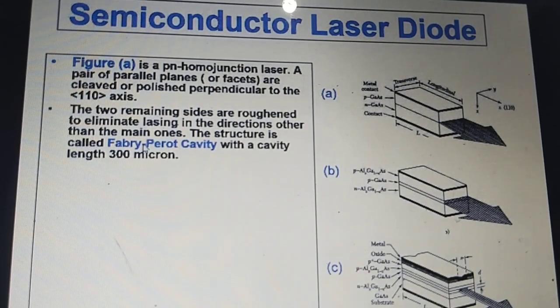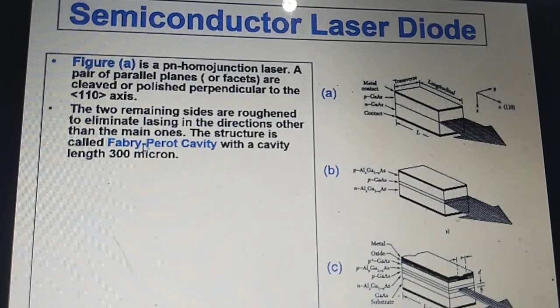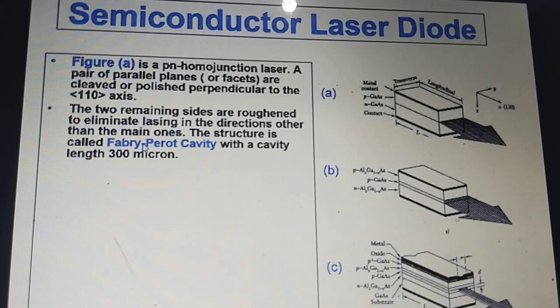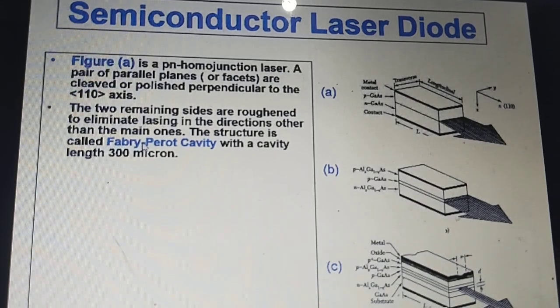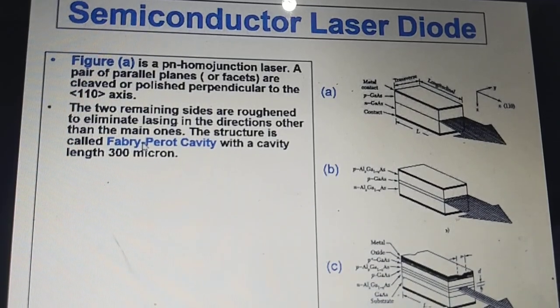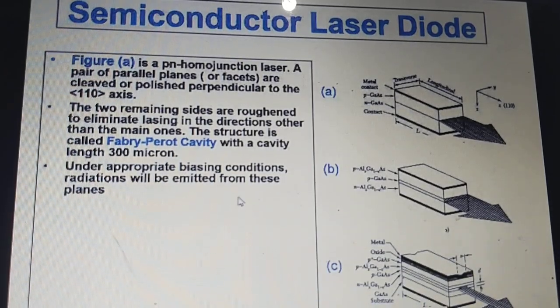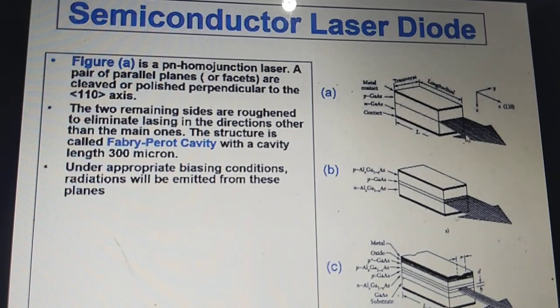Two different planes are allocated for light confinement within the region. So under appropriate biasing conditions, radiation will be emitted from the 110 planes.